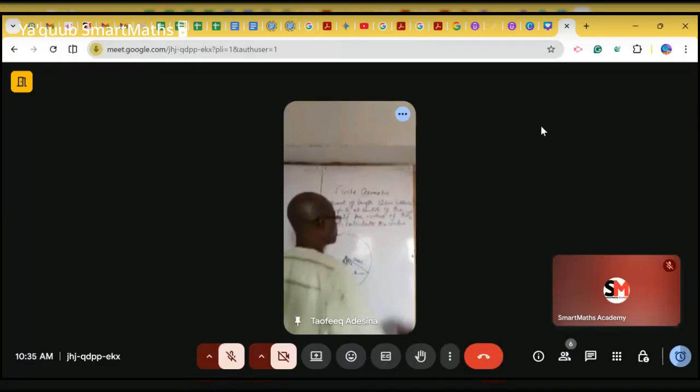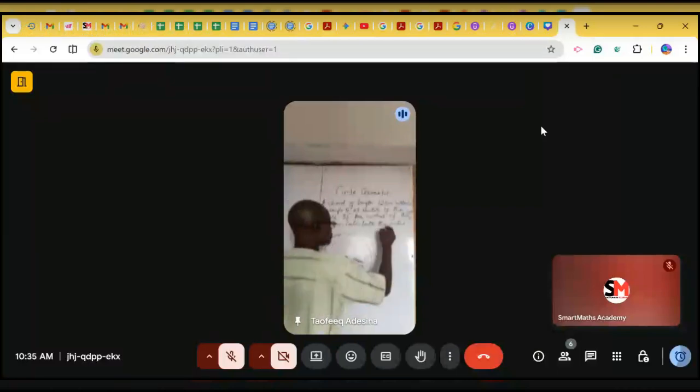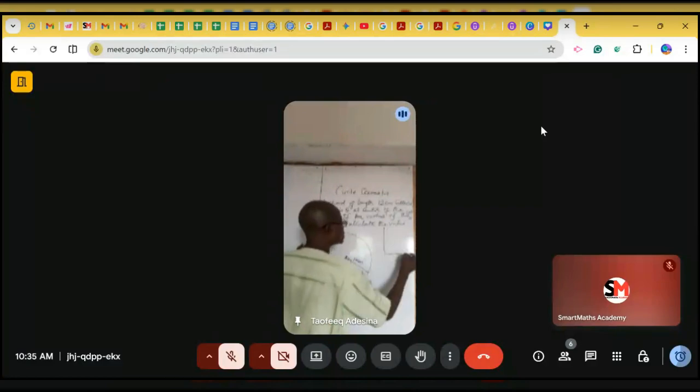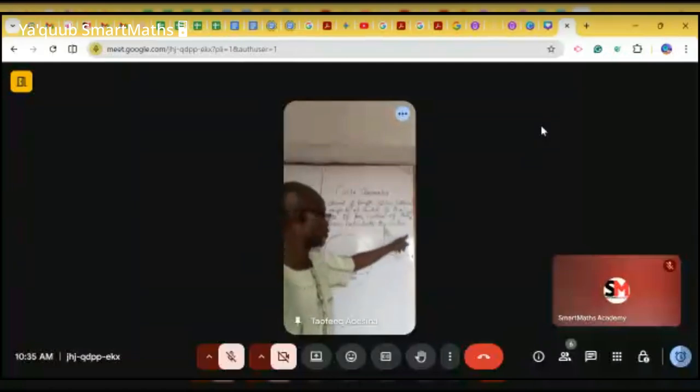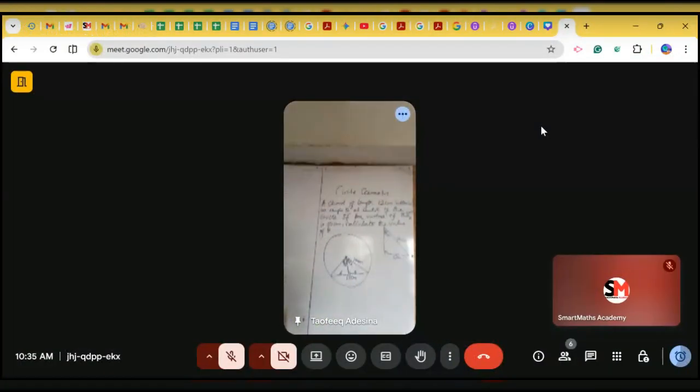So let us see the right angle triangle. We have half of this angle, given an angle, opposite and hypotenuse. That is a relation of the trigonometric ratio.